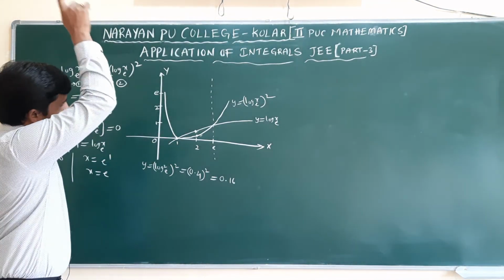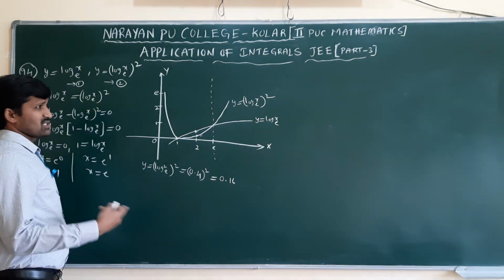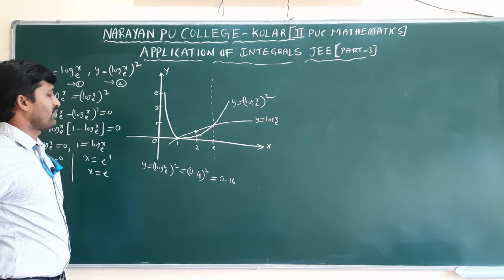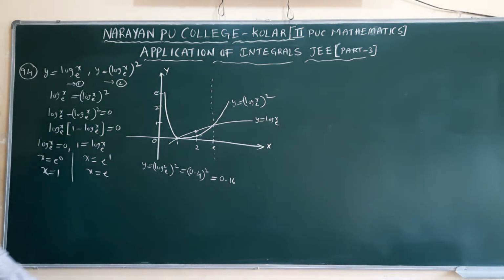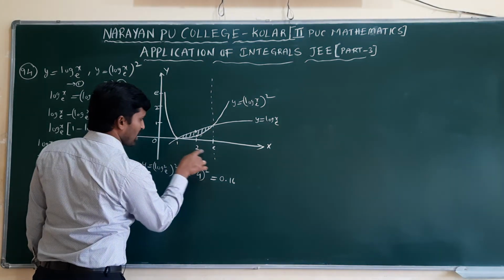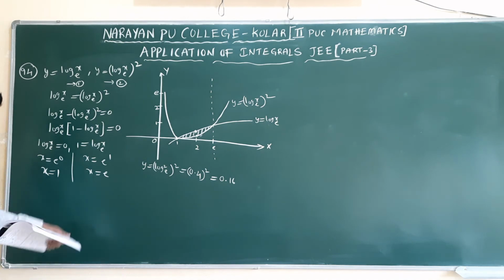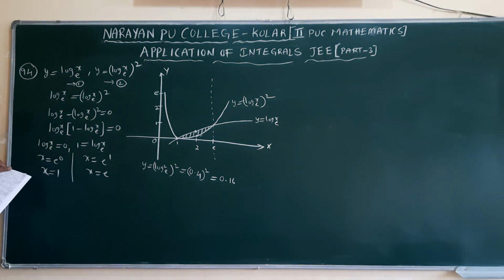It will be increasing, but it never touches the y axis, because on the y axis x value is 0, and the function is not defined there. Okay, now this is the region we need to find: from 1 to e, upper is log x, lower is log x base e whole square. That value we need to find.